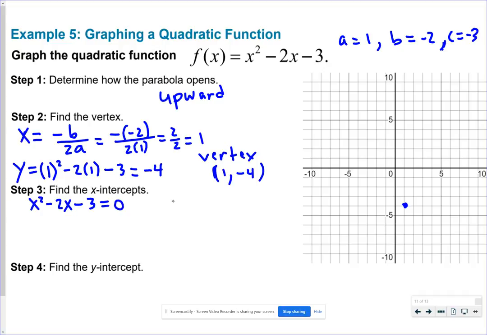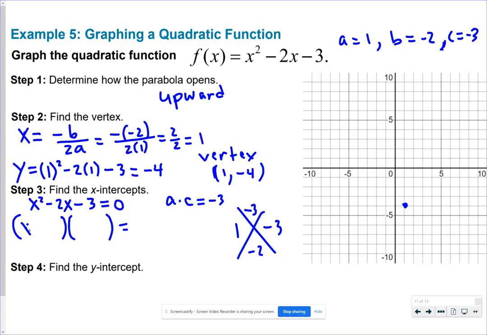Okay, so I'm going to look at that. A times c is -3. Remember to look for two numbers that have a product of -3 and a sum of -2, and then I'll just go right to the factorization since a is 1. Okay, let's see, +1, -3 will do.